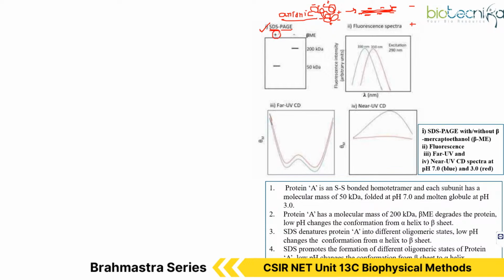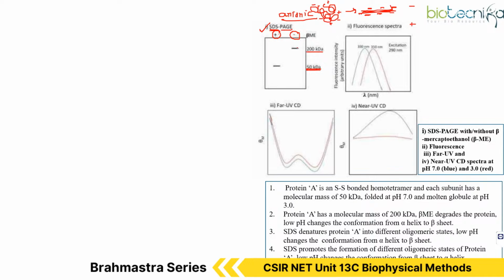So you can see in presence of beta mercaptoethanol, we are getting a single band of 50 kilodalton. However, when beta mercaptoethanol was not added, we are getting a single band of 200 kilodalton. So what is the role of beta mercaptoethanol? It breaks the disulfide linkages, right?